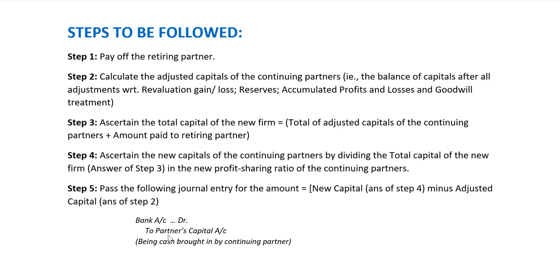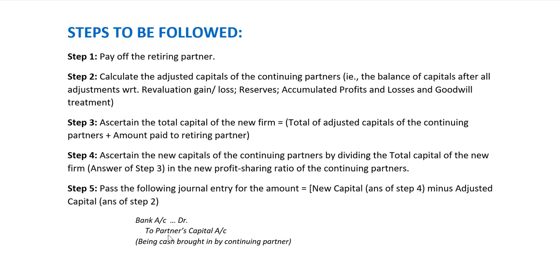The final step is to pass the journal entry for the amount which has to be brought in by the continuing partners. This amount will be equal to the amount of the new capital, which is the answer of step 4, minus the amount of the adjusted capital, which is the answer of step 2. And the entry for bringing in cash would be to debit bank account and credit the specific partner's capital account.